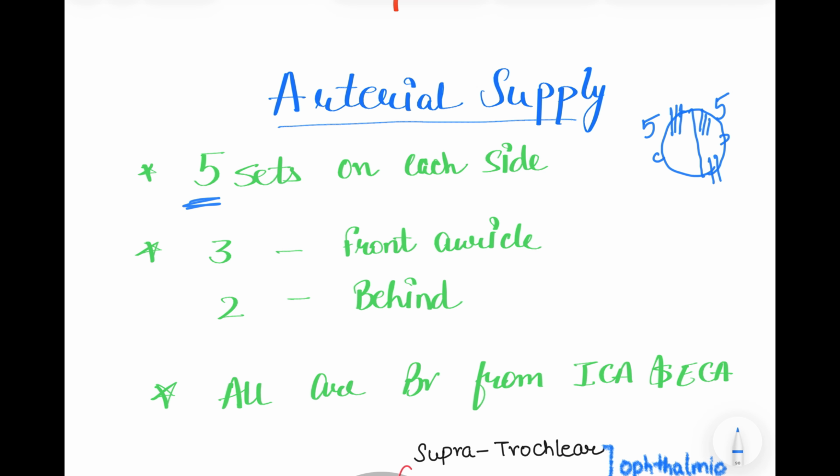All the arteries which are going to supply the scalp take origin from the internal carotid or the external carotid. So you will see a beautiful combination or anastomosis between the external carotid and internal carotid artery.